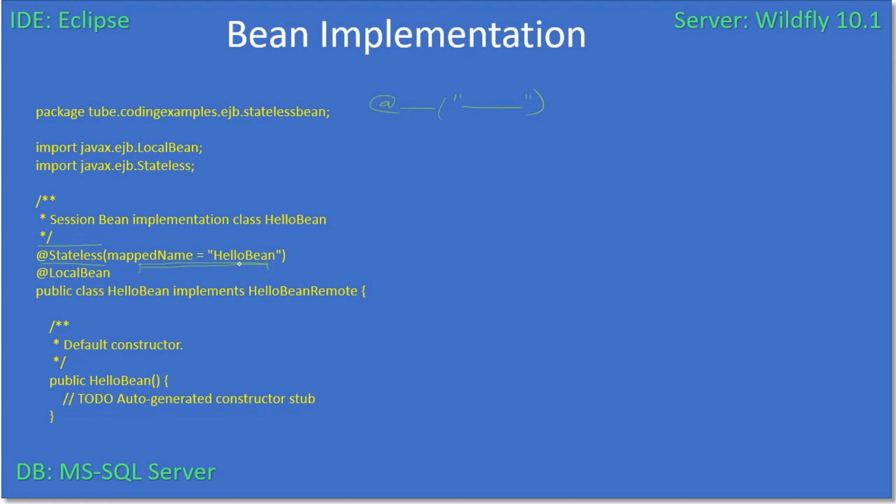But here in this example we will use the context object to create the bean. So mapped name is not important for this tutorial, but still you can know that the stateless annotation can have a mapped name for our hello bean remote, I mean the hello bean. What we are creating is hello bean, which implements hello bean remote, right? The stateless annotation tells that this bean is a stateless session bean.